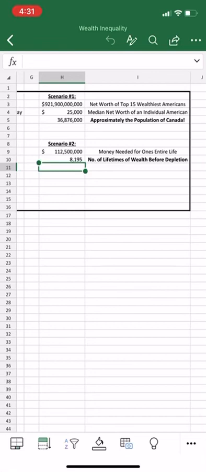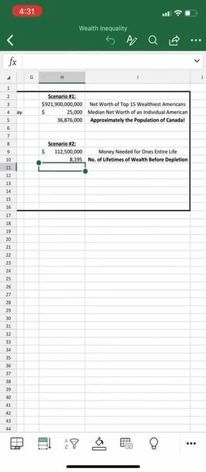It's not the way things look visually, because the average is skewed by the very, very wealthy. And so the ratio of the top net worth of X number of people in whatever country versus the median net worth of an individual in that place would be similar to this.